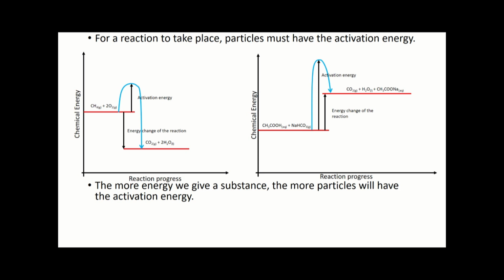If you think about it, if we have something at 20 degrees C and, I don't know, 20% of the particles have the activation energy, then if I raise that temperature by putting more energy in to 30 degrees C, then maybe 40% of the particles will have the activation energy because I put more energy into the system. So the more energy I put in, the more particles will have the required activation energy, and therefore we will get more collisions happening which result in a reaction because they have that required activation energy.